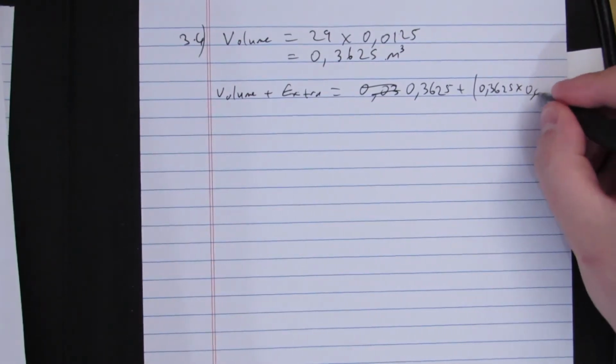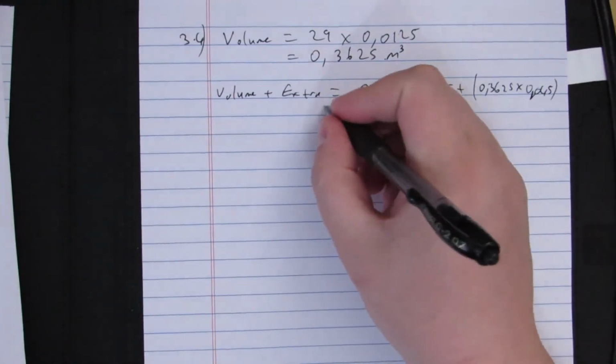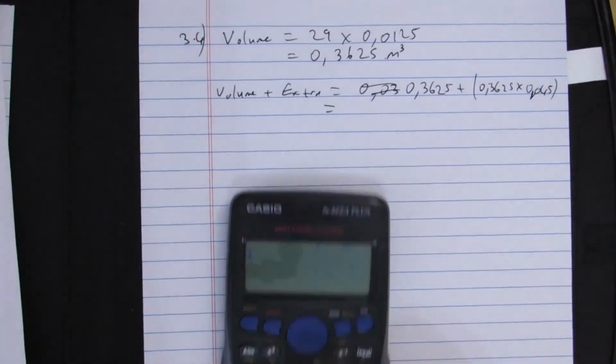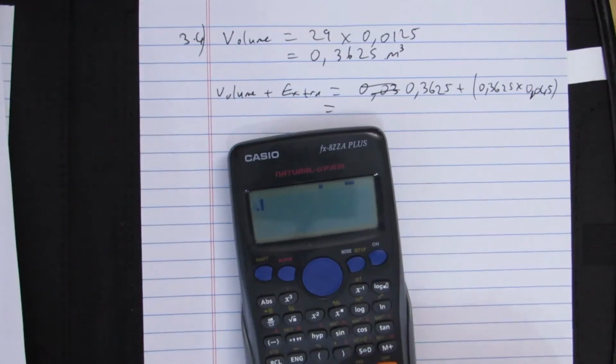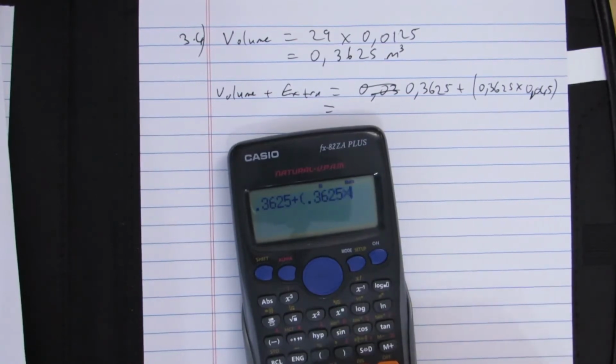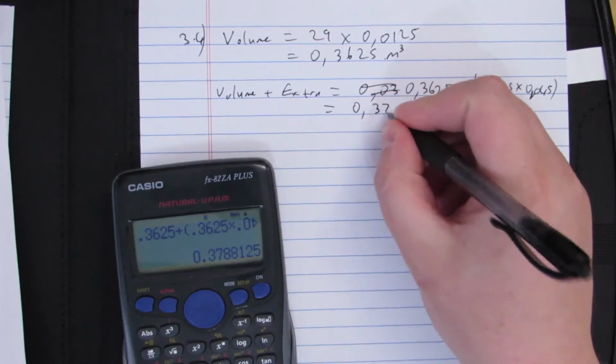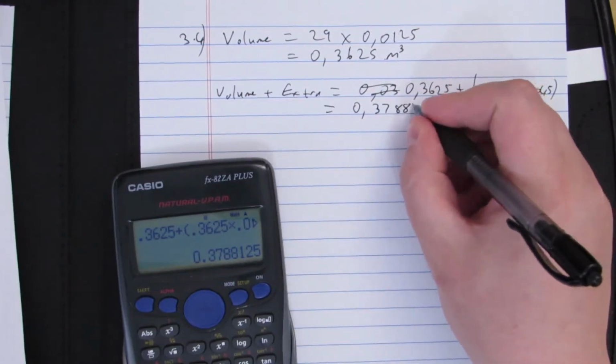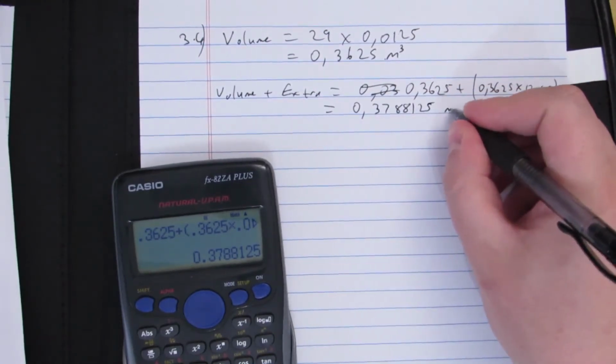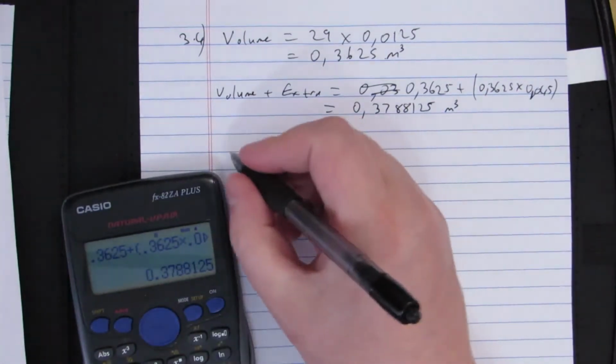So I'm going to go 0.045 there. 0.045 is another way we can express our percentages. So 0.3625 plus 0.3625 times 0.045. We have 0.378812 cubic meters of wood.